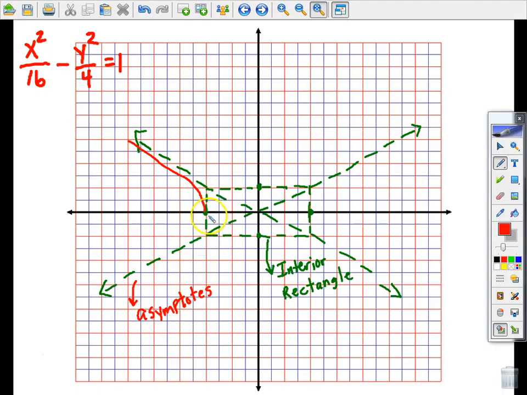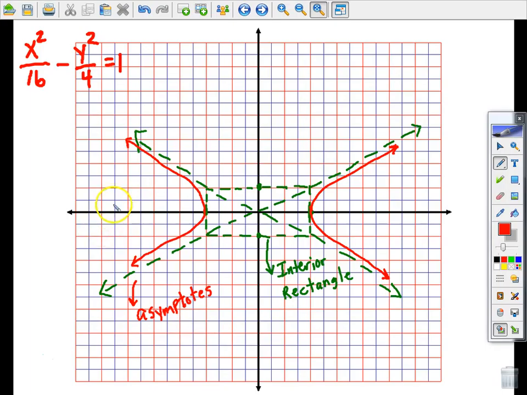So it's going to go through 0, -4, and then approach the other asymptote. So there's one parabola. So remember, a hyperbola is really just two parabolas. So I'm going to do the same thing on this side. All right, so far so good.